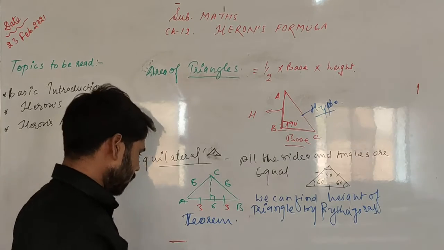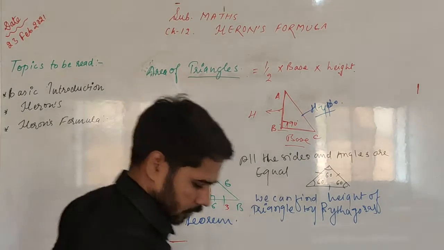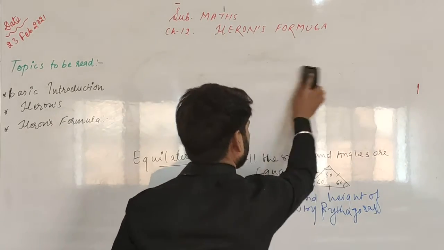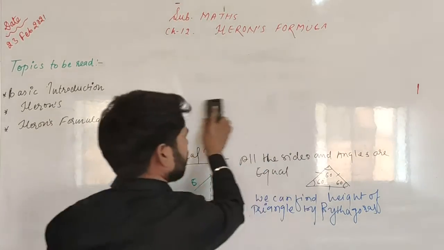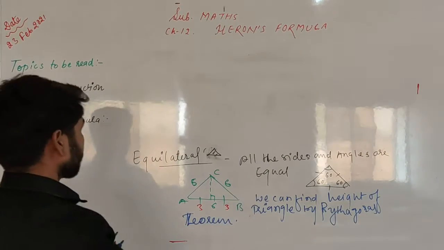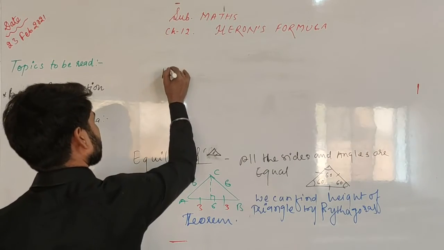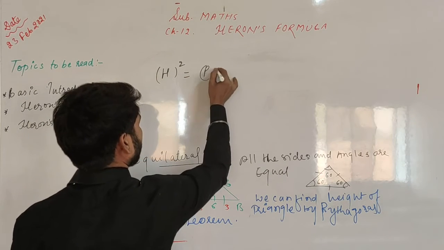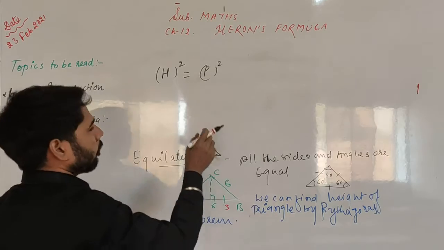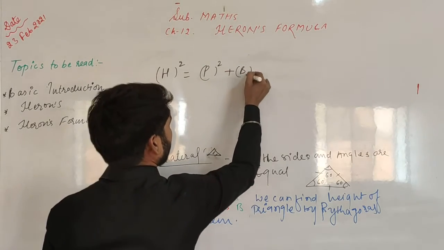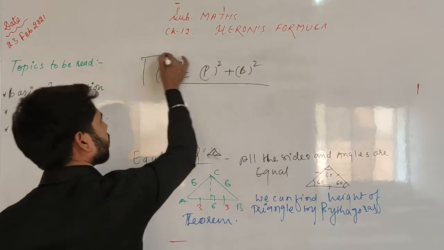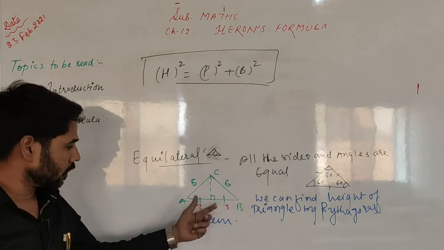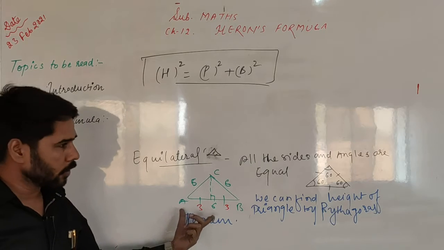That means the formula is: hypotenuse square is equal to perpendicular square plus base square. This is our Pythagoras theorem. Okay. So we can easily find the height of the equilateral triangle by using this.